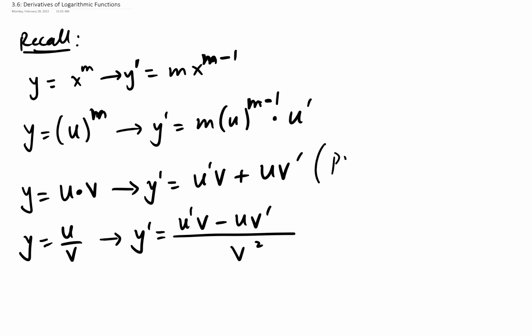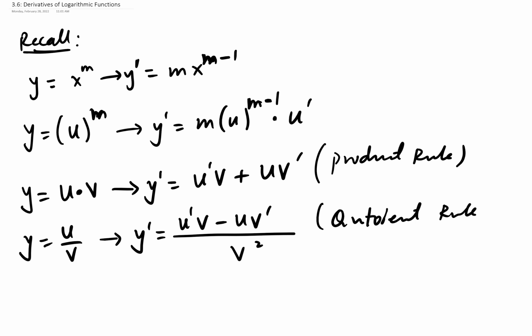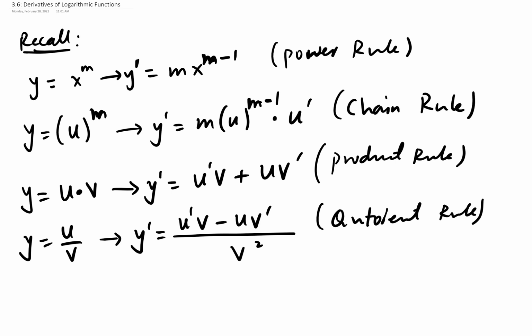Both the product rule and quotient rule are from section 3.2. The power rule came from 3.1. And this is the chain rule, very important. So we need to know all of this stuff.